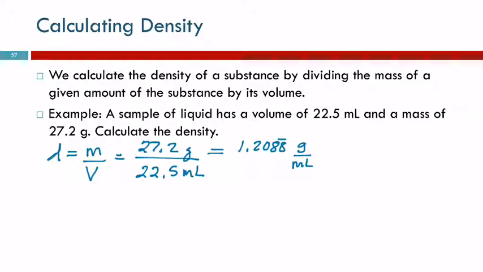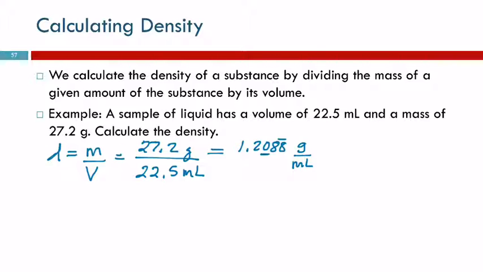How many significant figures should I report? 3. My mass has 3. My density has 3. I'm doing division, and so my answer should have 3. Here I am measuring in a decimal place that's less than 1. I don't need to worry that I'm going to round this off and change its value.